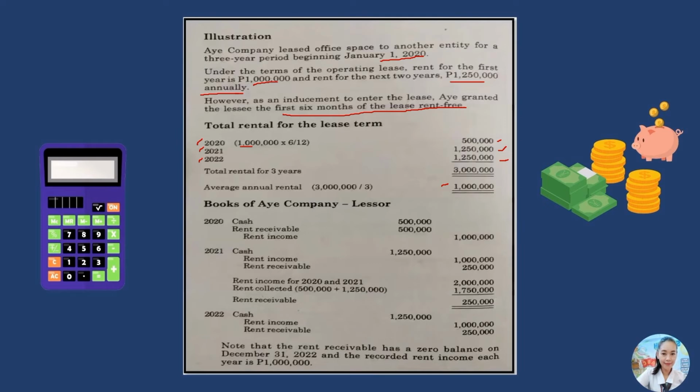Now, to record that in the book of the company, the book of the lessor, in 2020 it received cash, right? It received cash of 500,000.